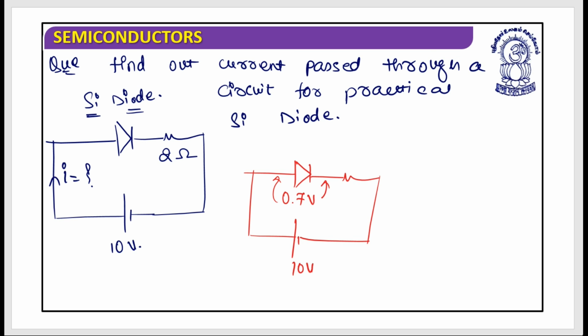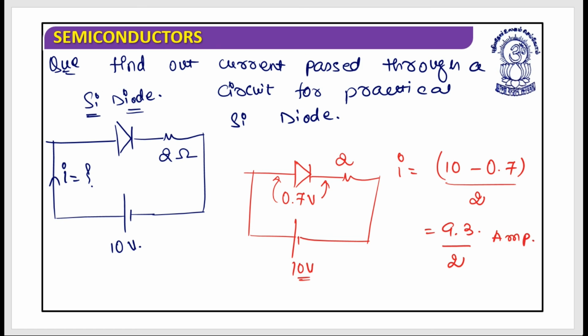At that point it is not going to conduct before this has been reached. So this current equals 10 volt minus 0.7 because it's a silicon diode, divided by this 2 ohm, which equals 9.3 divided by 2. This is the current that passes through the practical circuit.